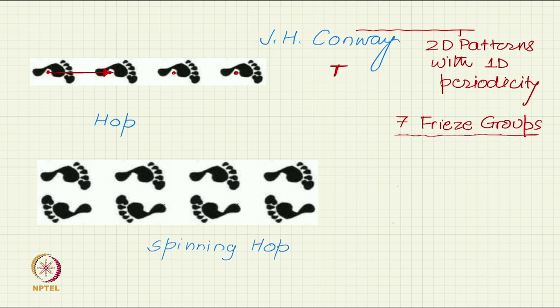If we join this thumb to this thumb and this heel to this heel, the intersection point will define the twofold, and a similar thing will happen in the next motif. The twofold will repeat.